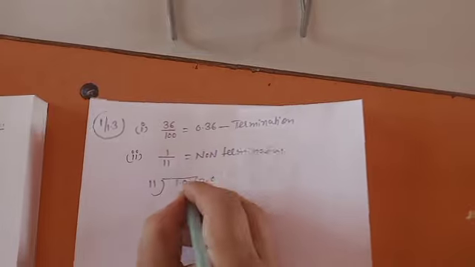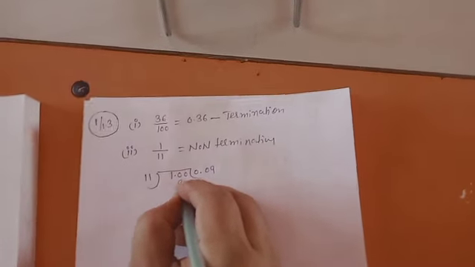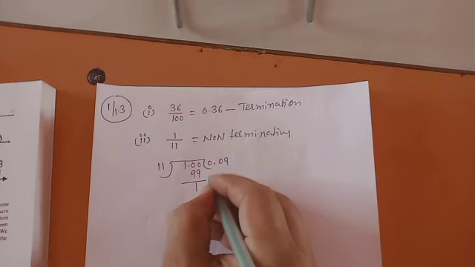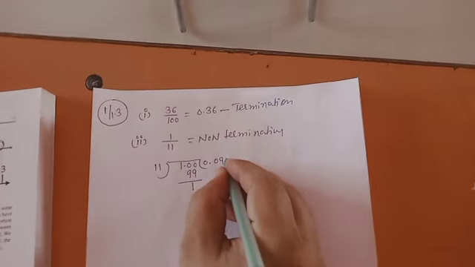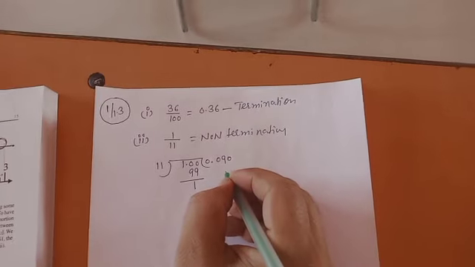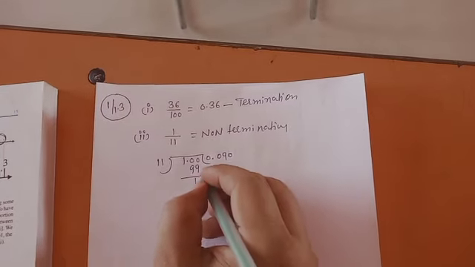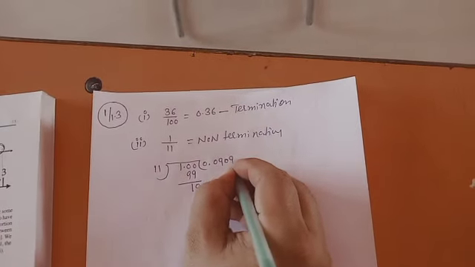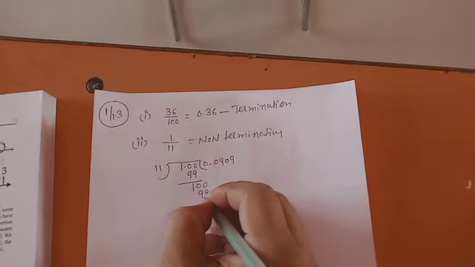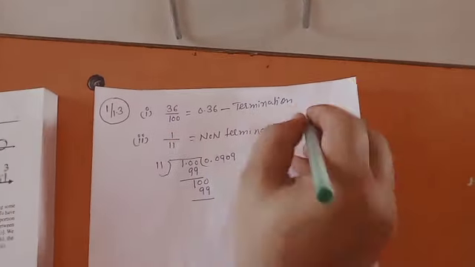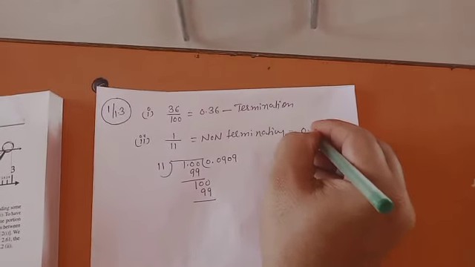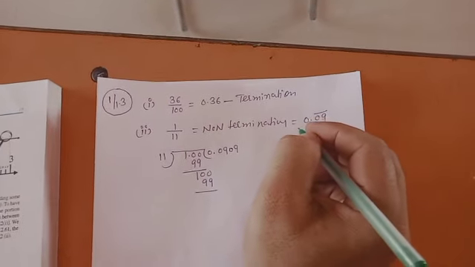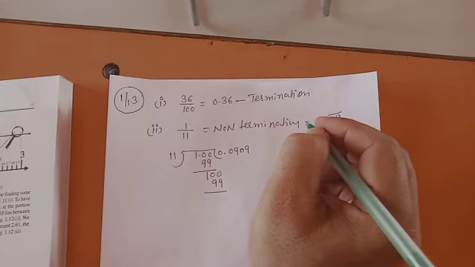Point, again 0. 11 nines are 99. Again 1. Again you take 11 zeros are 0. 1 more 0, 11 nines are 99. Continue going on like this. So this is 0.09 bar. The remaining you can also solve.